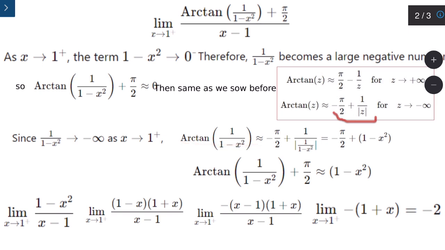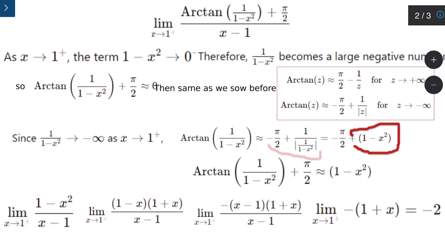We saw in the previous slide it is x, but here we are using it as z, because we are taking everything inside the parentheses as a z number. So as this z approaches minus infinity, this approaches minus pi over 2 plus one small number, which is 1 minus x squared.